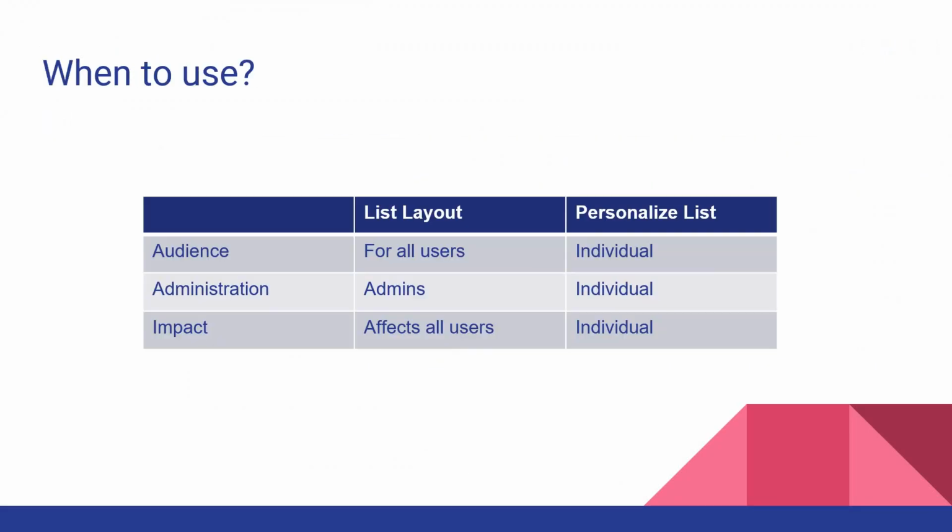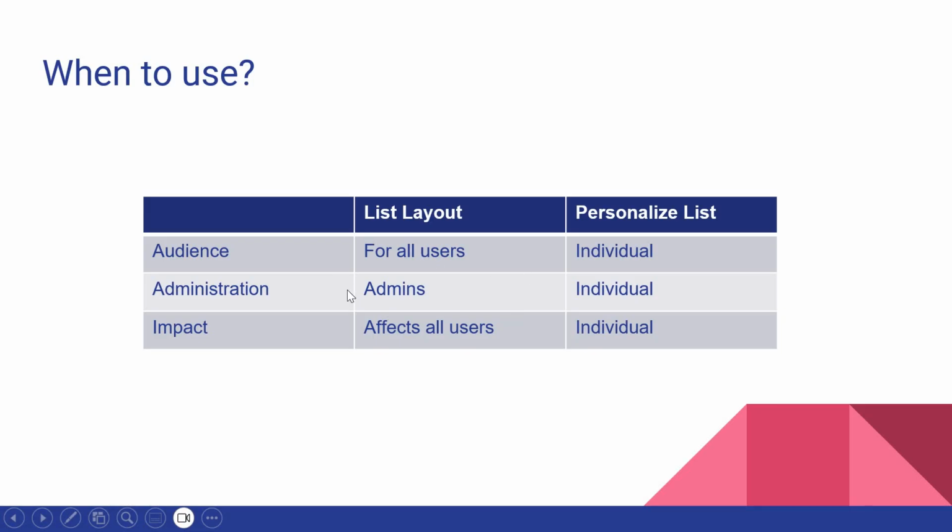Next is when to use list layout or personalized list. So if your audience is everyone on the platform, that means you want to change the list for all the users, you can use list layout. But if you want to do it for some specific user, you can ask them to personalize their list. Next is administration.